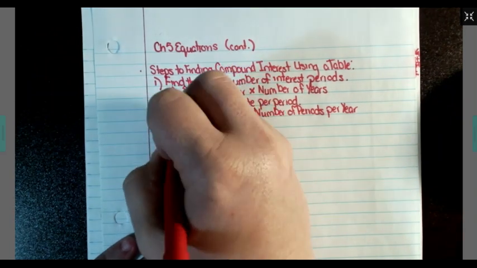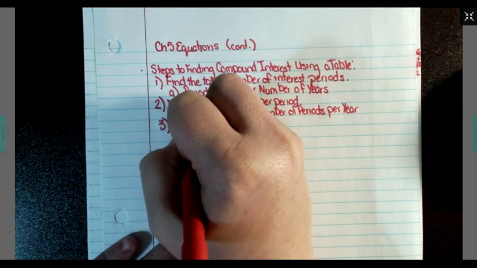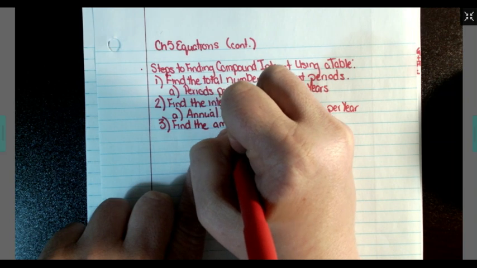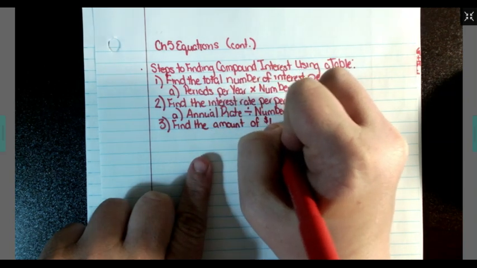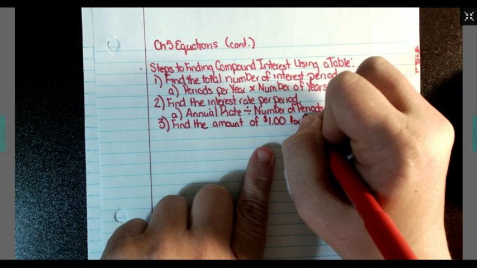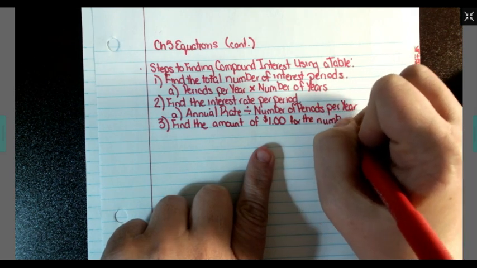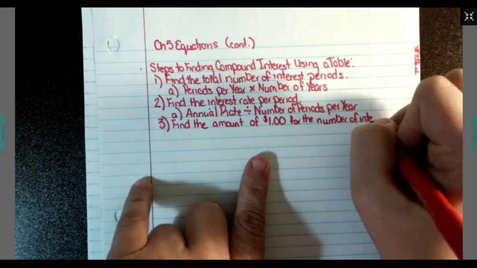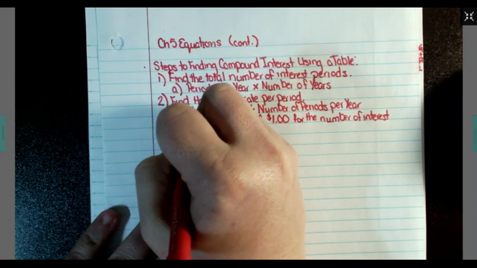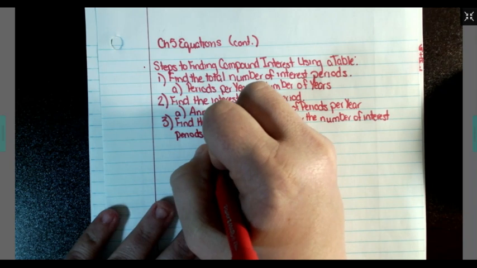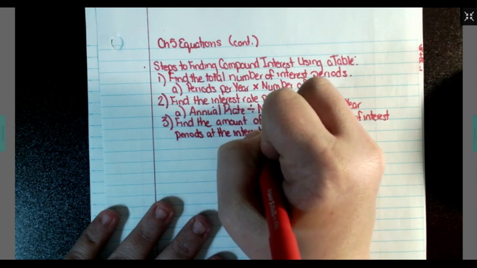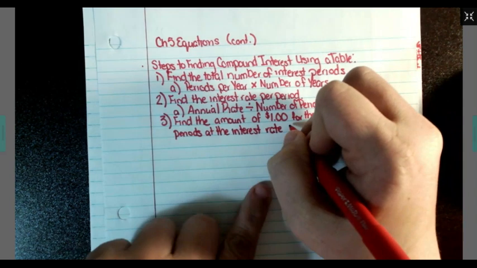Step 3. Find the amount of $1 for the number of interest periods at the interest rate per period.